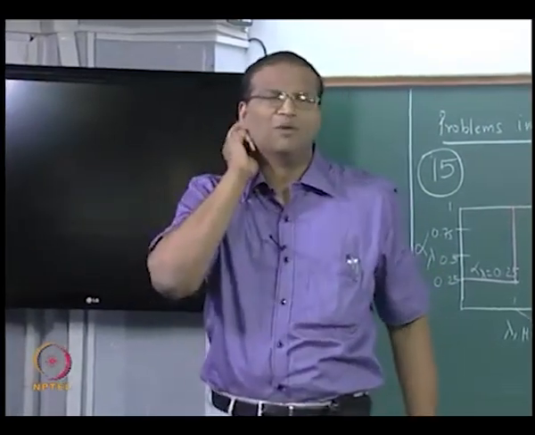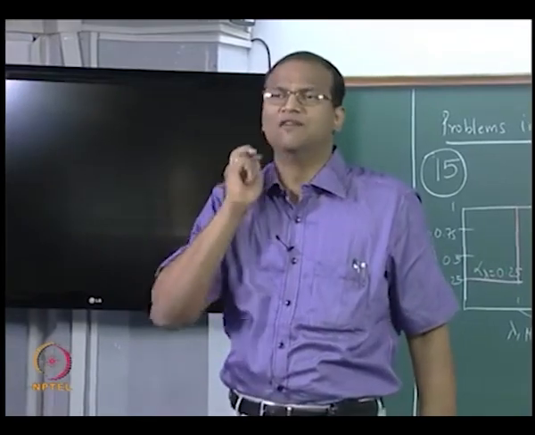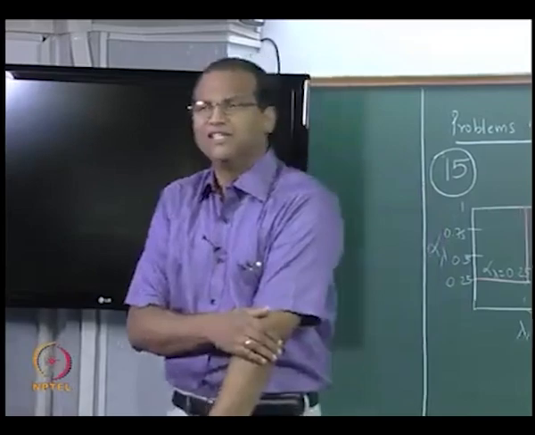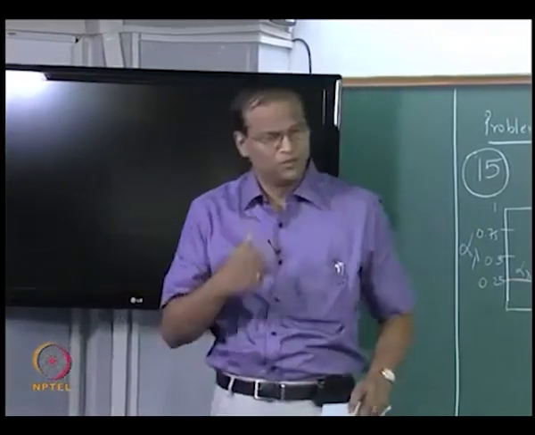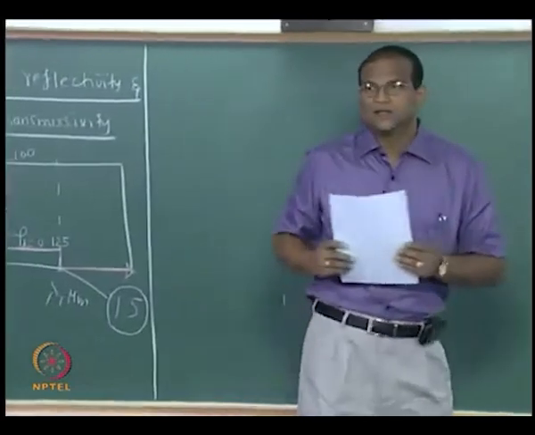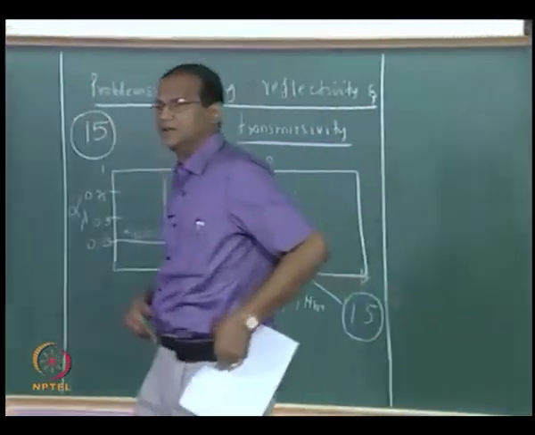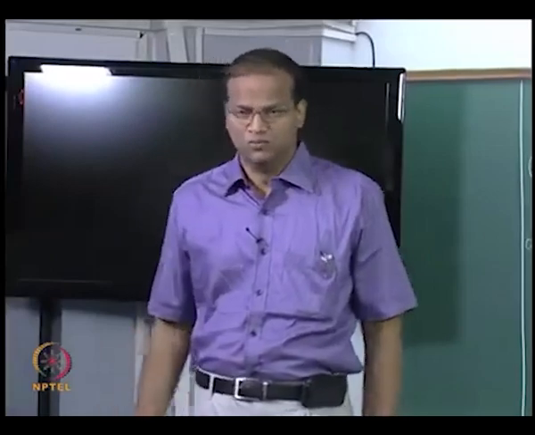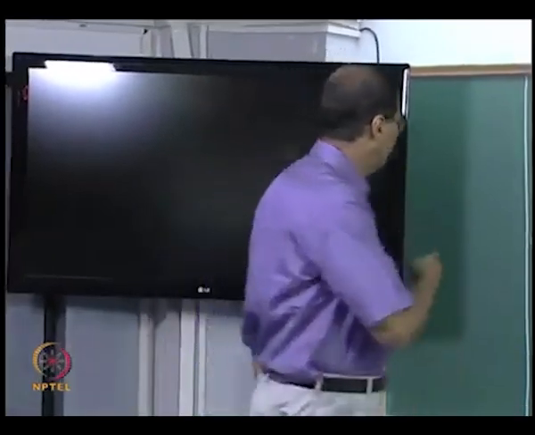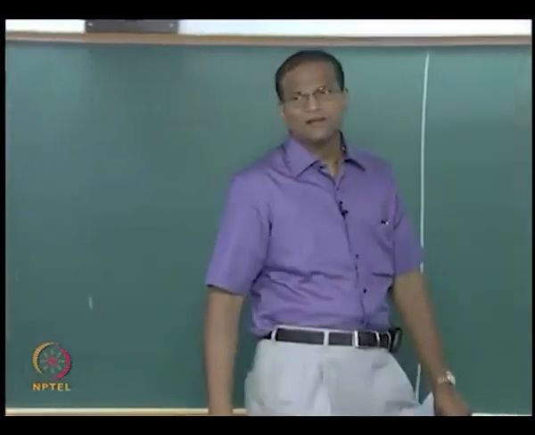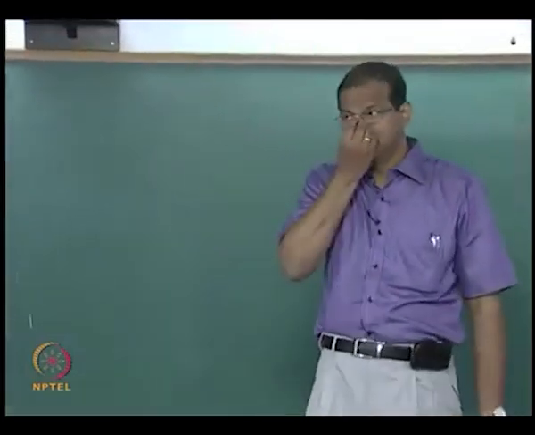Now we look at some simple problems, so that whatever concepts and definitions we have learnt in yesterday's class are reinforced. Problem number 15. Please take down this spectral distribution of alpha as well as rho. Only one wavelength is given, that is 1.5 micrometer, alpha lambda and rho lambda are given.